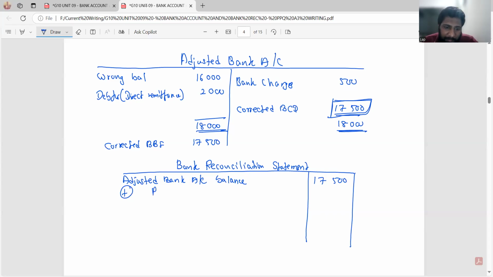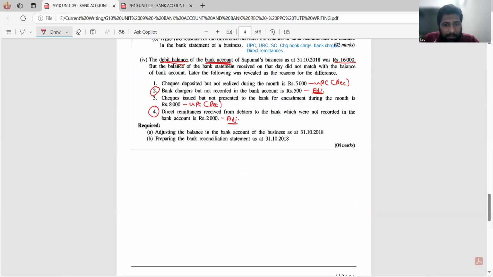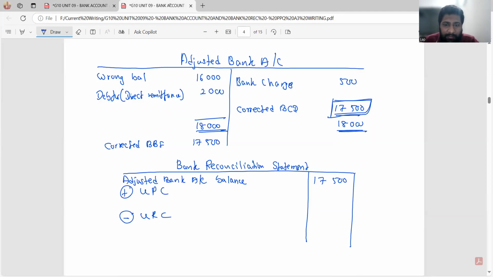Then plus the P, reduce the R: plus the unpresented checks, reduce the unrealized checks. Unpresented checks we have 8,000. Unrealized checks 5,000. Then here 25,500. Then here 20,500.